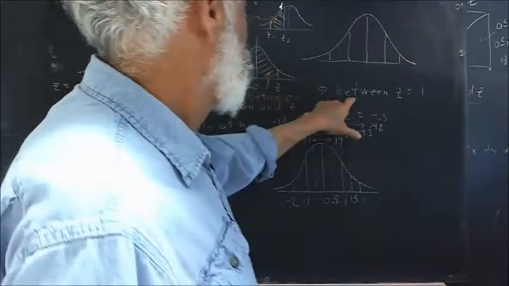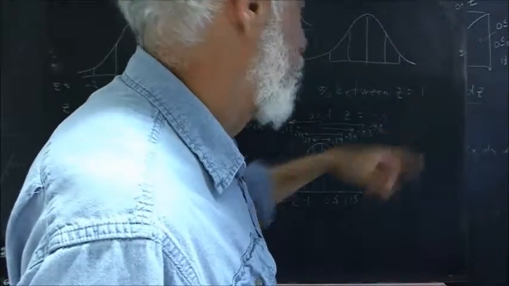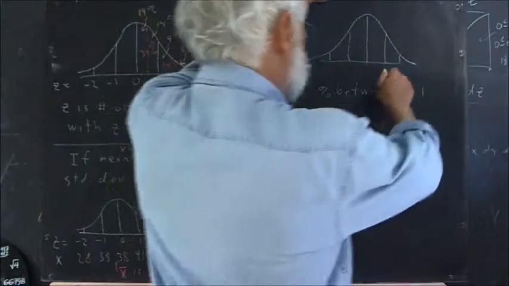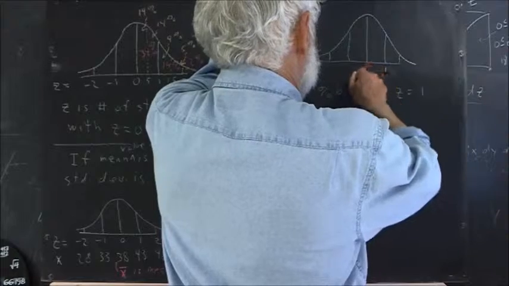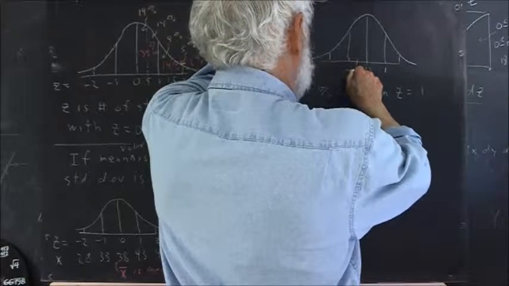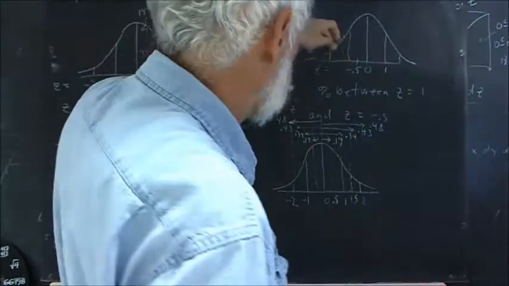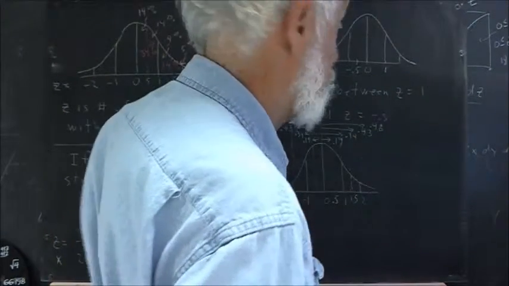Okay, now we want the percent of the area between z equals 1 and z equals negative 0.5, for example. Well, z equals 1 is here. Of course, here's 0, and here's negative 0.5. These are z values. Of course, we have negative 1, negative 2, and we have 2 out here.